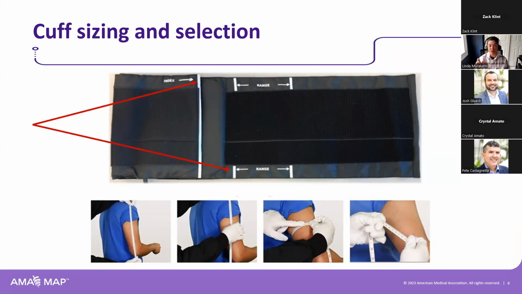Or you can use the index range. Some cuffs, when they're really old and used a lot, might be worn out. So that's when you have to do the measurement. But with the index range marker, there's the index and the range markers. When you wrap the cuff around, you can see the long line. That's the index, and that should land between the range markers. And if they don't, then you have to get either a larger or a smaller cuff size.